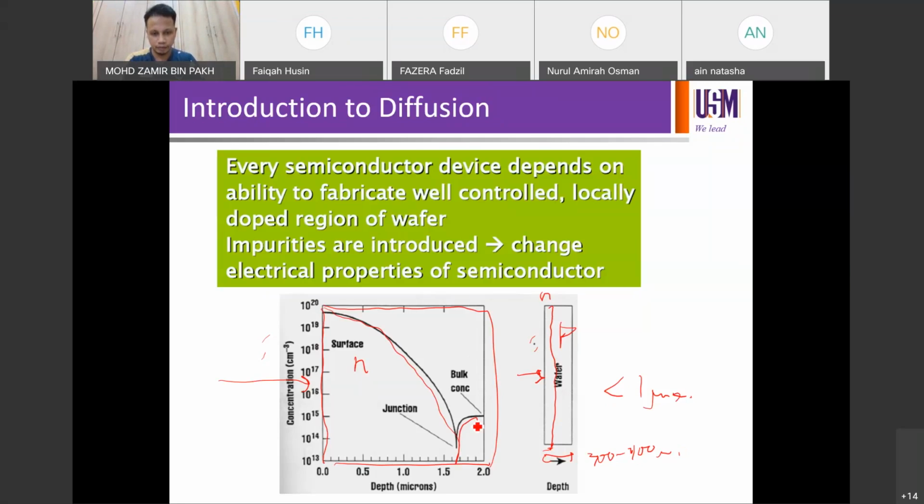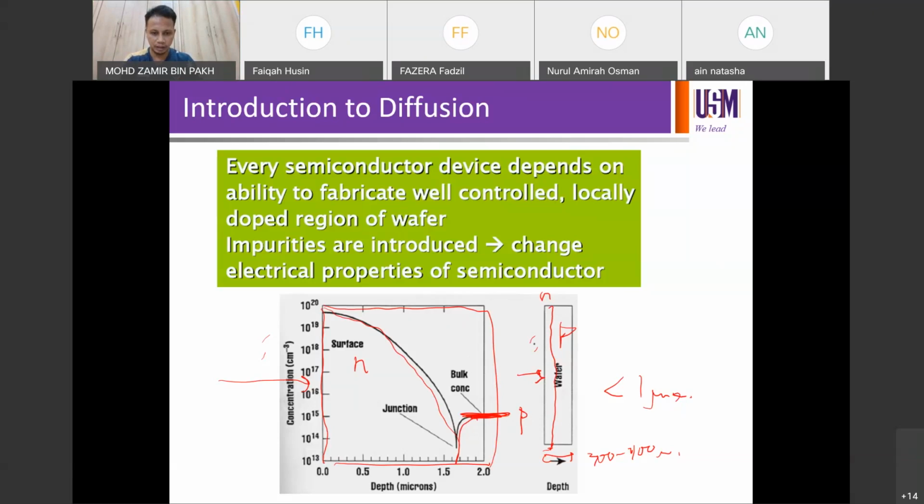And then this value here is actually your bulk concentration. Bulk concentration tu maksudnya you punya doping level dalam p-type. So it belongs to p-type, right? So kalau your wafer N-type, then the bulk concentration will be your N-type. If your wafer is P-type, then your bulk concentration will be your P-type.